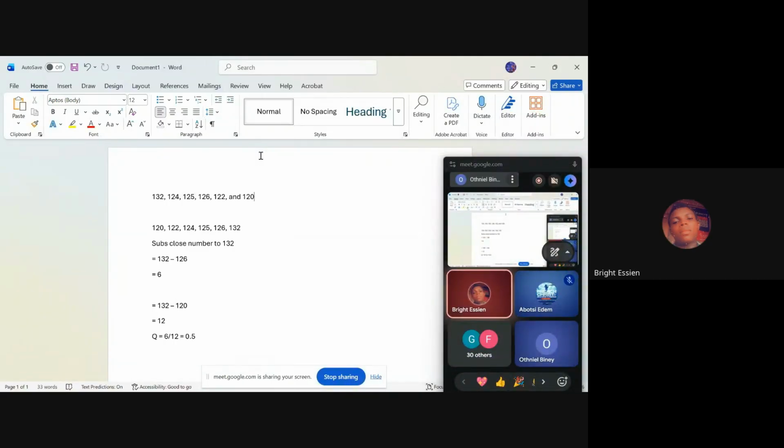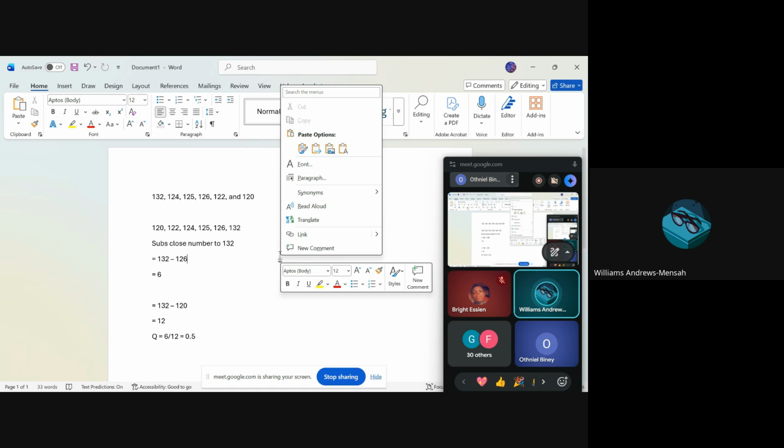Okay. I think yours is different. Mine is different. My Word is different, so can I use something else to do it? I don't know. Sir, please, just right click with your mouse. You will see some options there.